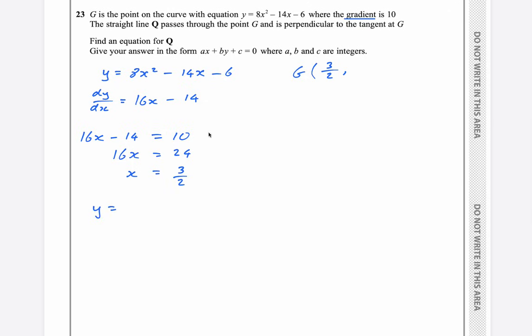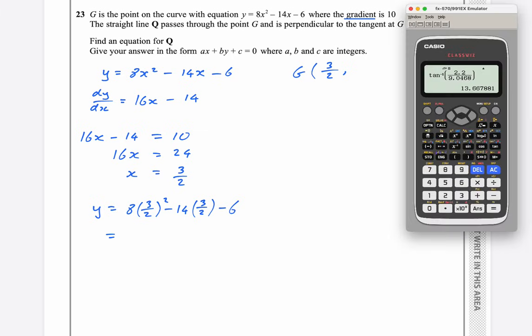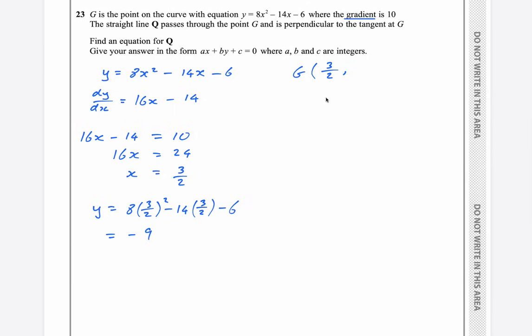Well, y is equal to, when I sub 3/2 into this, 8 times 3/2 squared minus 14 times 3 over 2. You can use 1.5 if you prefer, guys. Minus 6. I think I'm just going to use my calculator here. So 8 times 1.5 squared minus 14 times 1.5 minus 6 is negative 9. Okay, so that's a nice number, negative 9. So my point G is 3 over 2, negative 9.